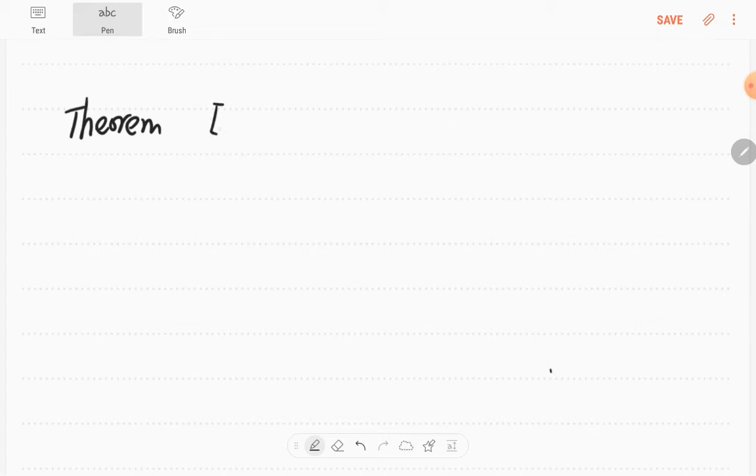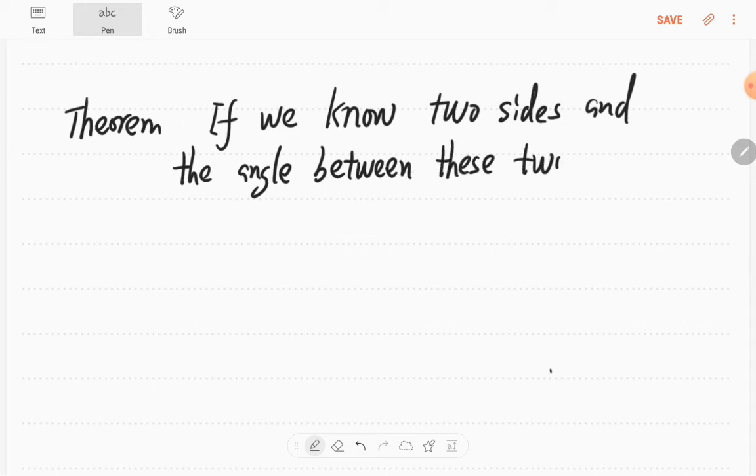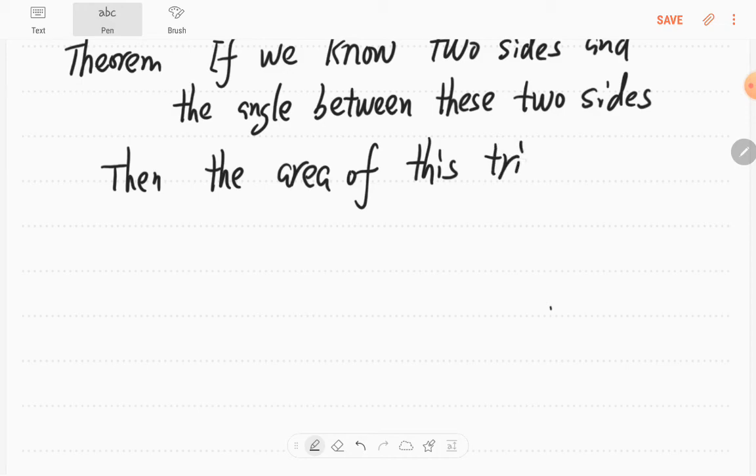If we know two sides and the angle between these two sides, in other words SAS, then we can calculate the area of this triangle.